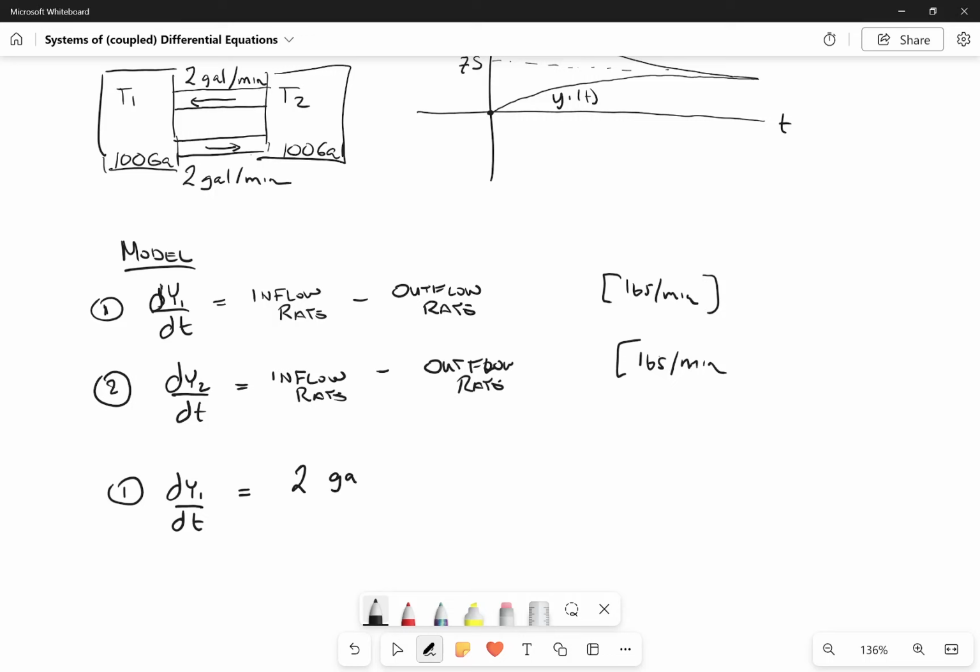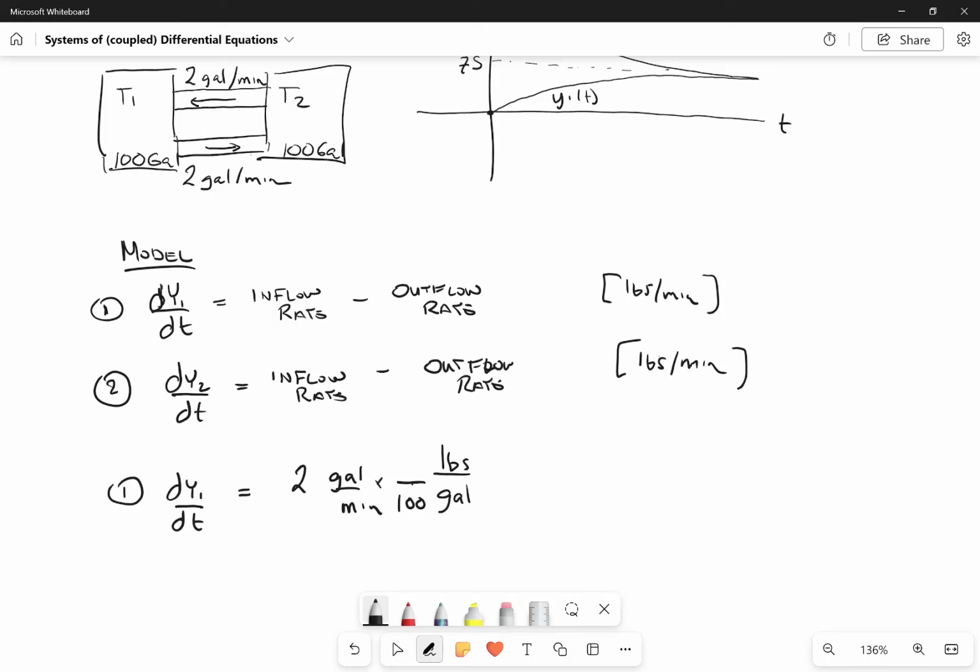And here we're going to use our units, 2 gallons per minute. But remember, dy1 by dt is in pounds per minute. So we need to convert this. So we need to have something over gal to cancel the gal, and we need something that has pounds. Now, how many gallons are in the tank? Well, there are 100 gallons in the tank.